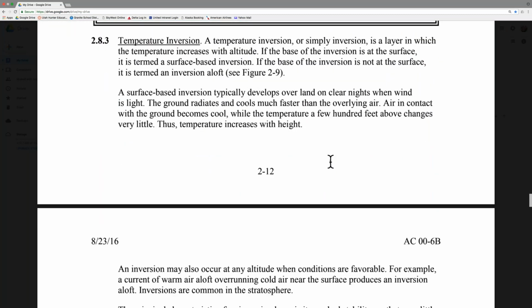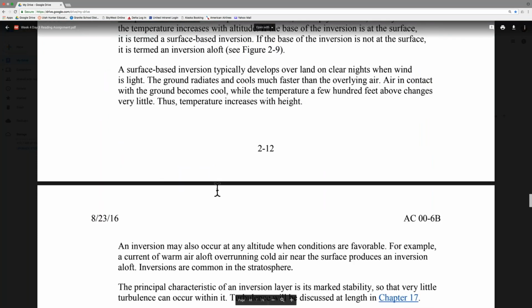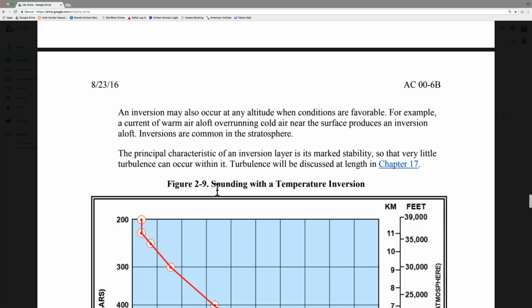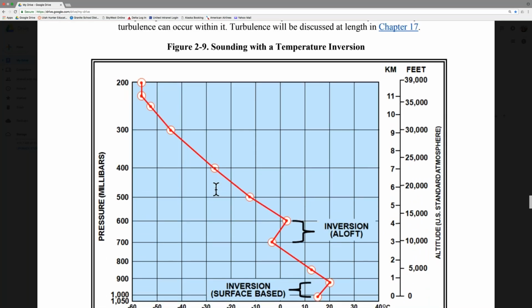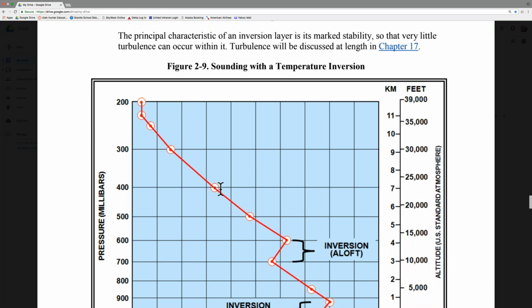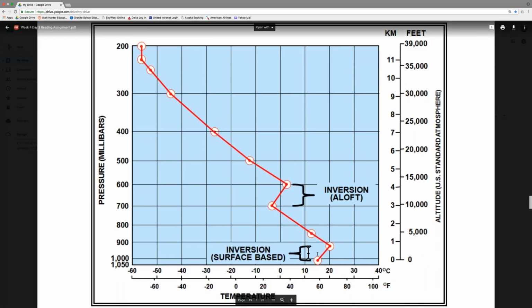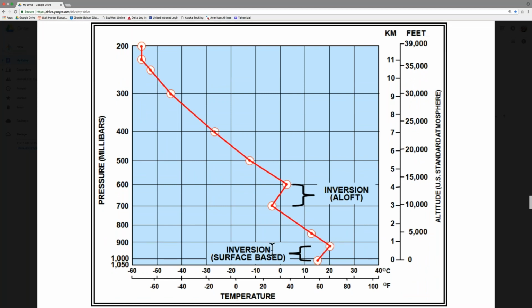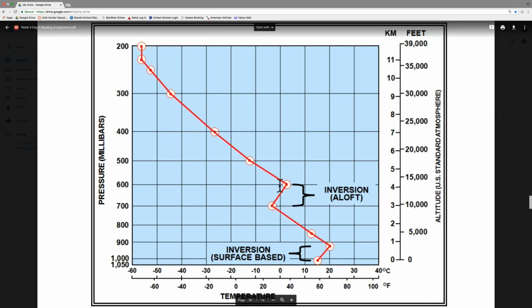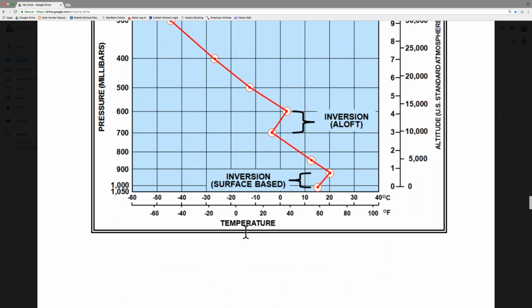The inversion will trap things like pollutants, dirt, dust, things like that close to the surface. You can see here, this is what a surface-based inversion looks like in Salt Lake. We gain temperature as we ascend, but then we lose temperature. If we have an inversion aloft, it just changes the altitude at which the inversion occurs.